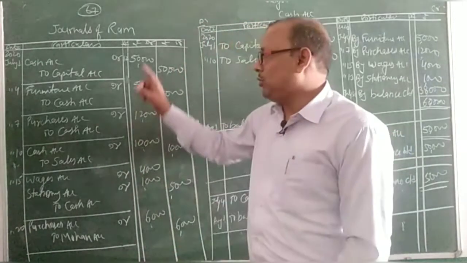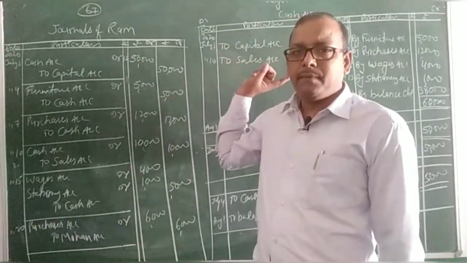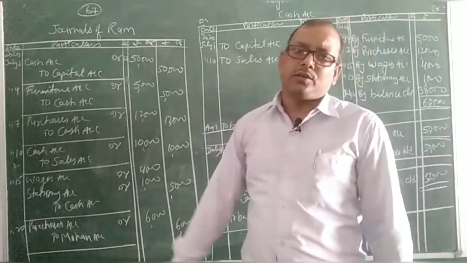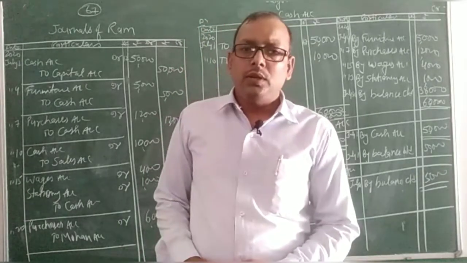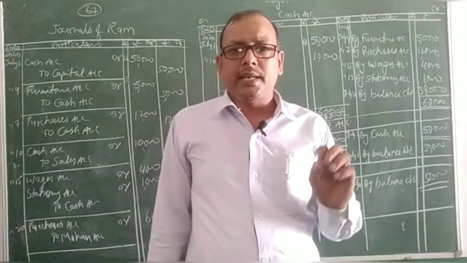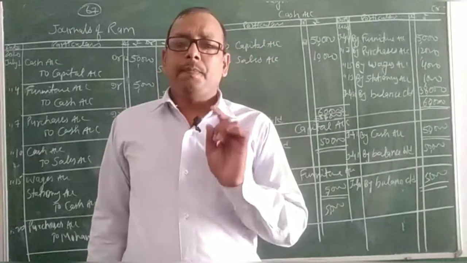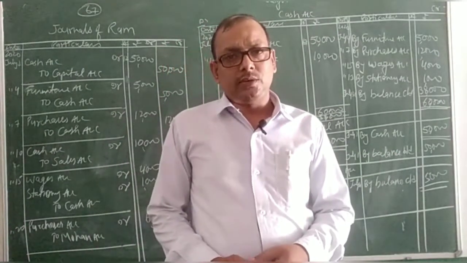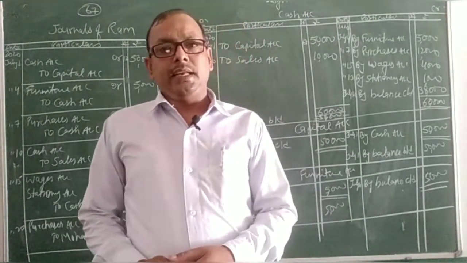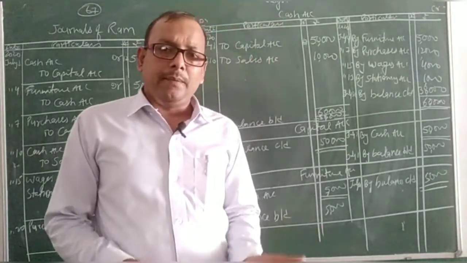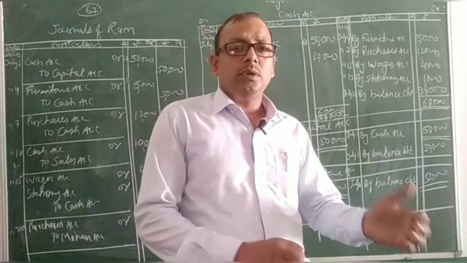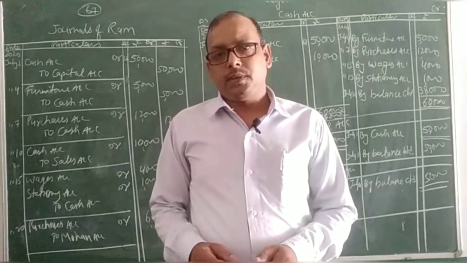All the accounts that you have opened in the journal must be opened in the ledger also. Clear? So you are all requested to solve some questions from your textbook related to posting from journals to ledgers. In my next video, I will tell you how to post from the cash book to the ledger. Okay?